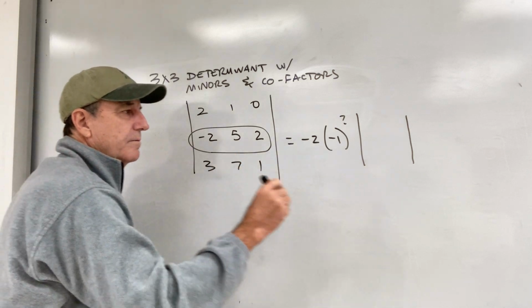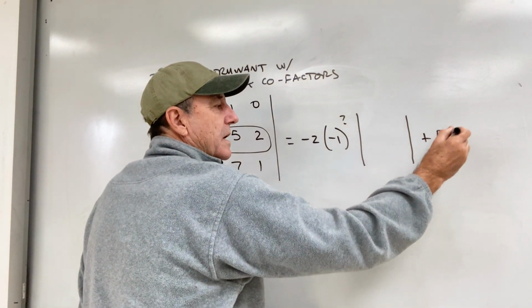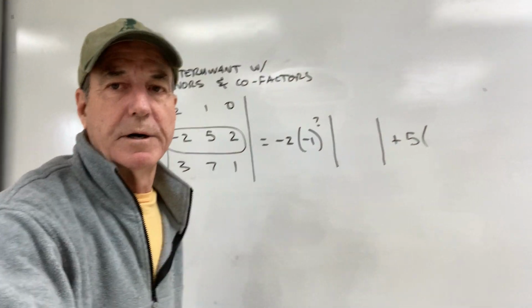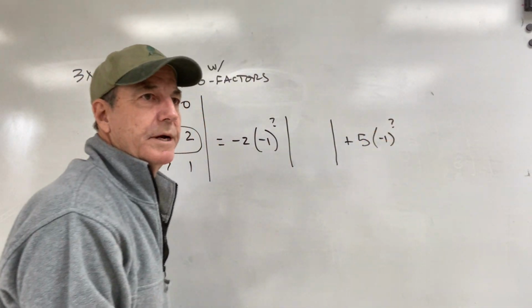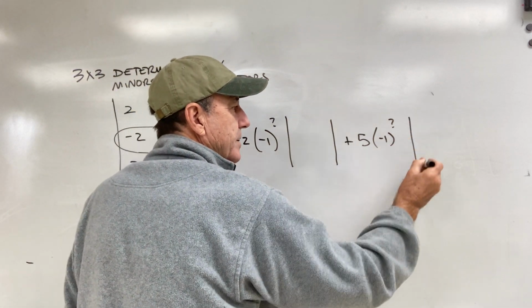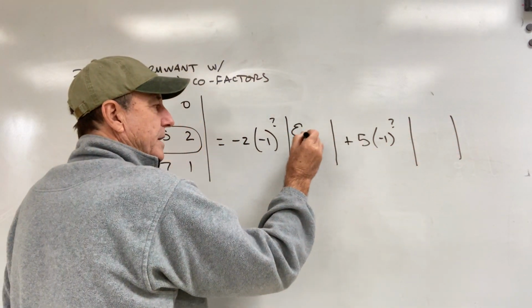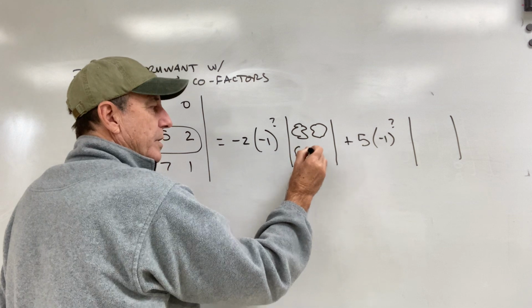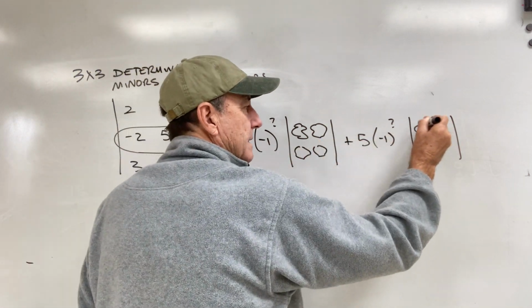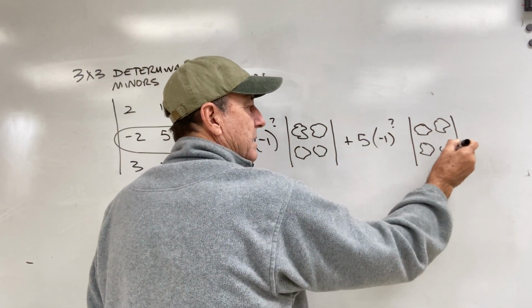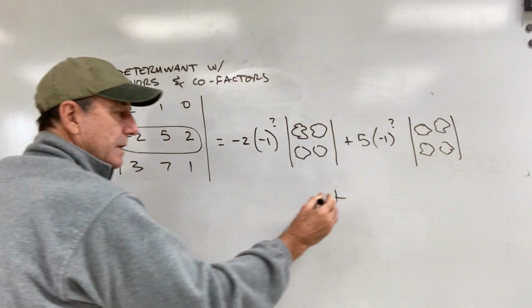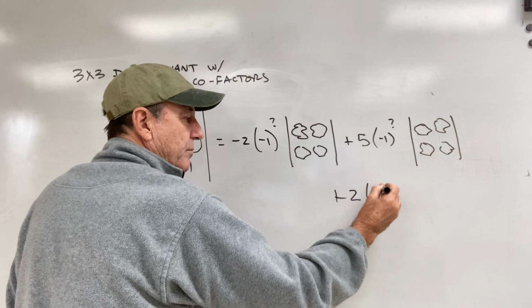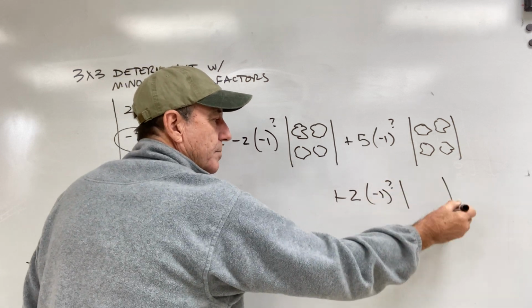And then we'll do 5 times negative 1 raised to a power, and we'll figure out what that power is in just a minute, times its little 2x2 determinant. So for these 2x2s, we're going to have to come up with these 4 numbers. Okay, and then 2 times a power of negative 1 times its little 2x2.